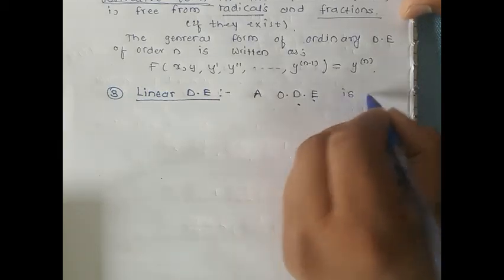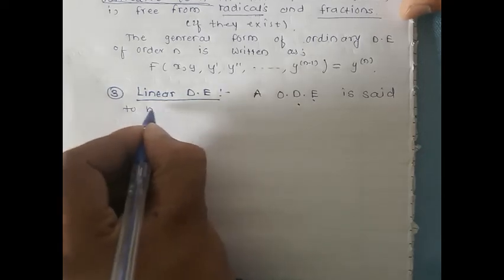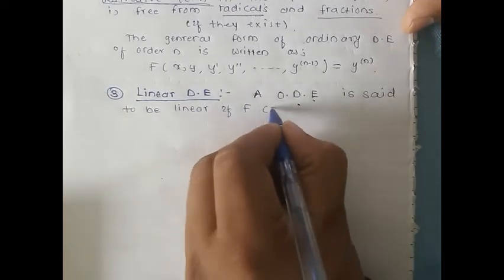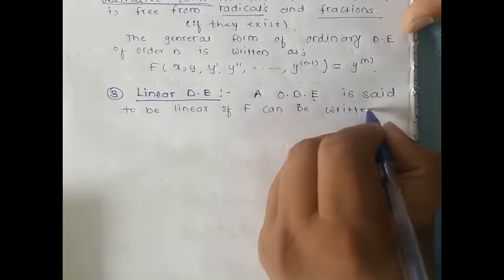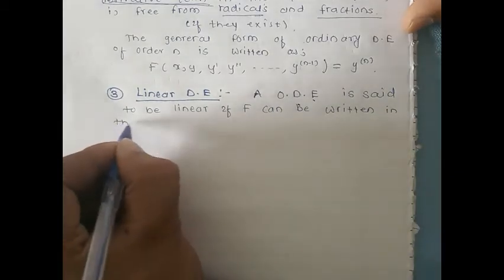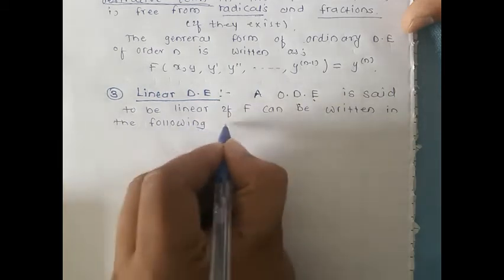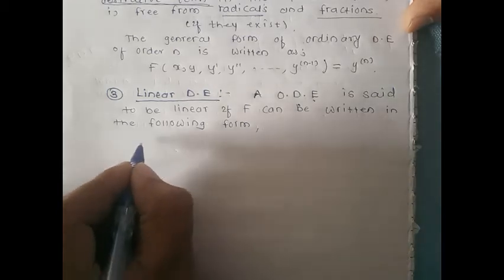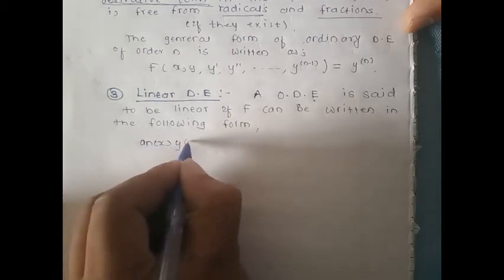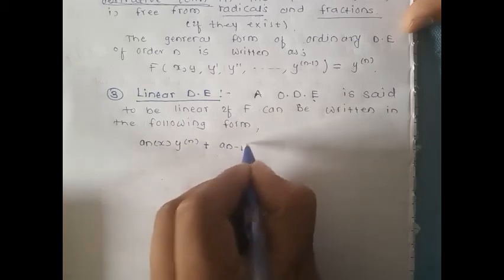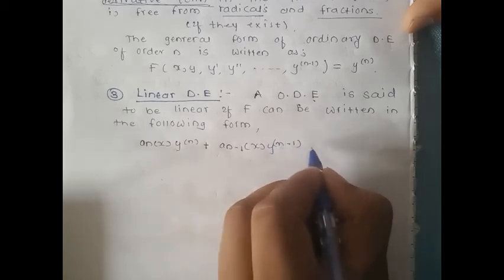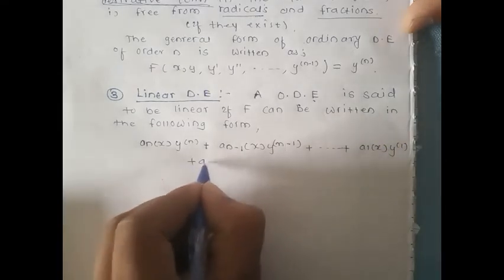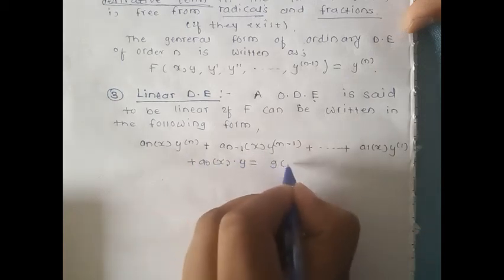An ordinary differential equation is said to be linear if capital F can be written in the following form: an of x times the nth derivative of y plus an minus 1 of x times the n minus 1th derivative of y plus, and so on up to, a1 of x into the first derivative of y plus a0 of x into y is equal to g of x.